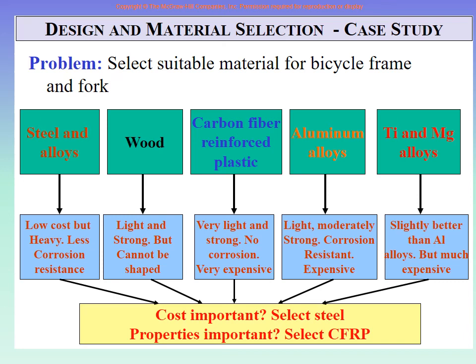If you take aluminum alloys, they will be light, moderately strong, and corrosion resistant, but more expensive than steels. If you take titanium and magnesium alloys, they will be a little better in properties than aluminum alloys but more expensive. So therefore, except wood, all of the others, steel, carbon fibers, aluminum, titanium and magnesium, are good options.